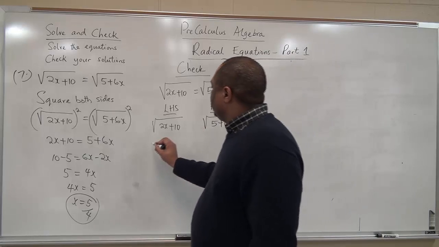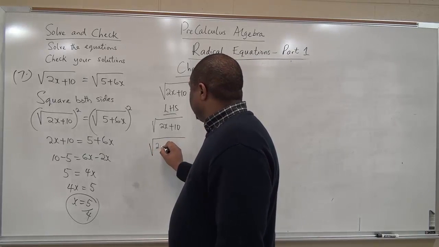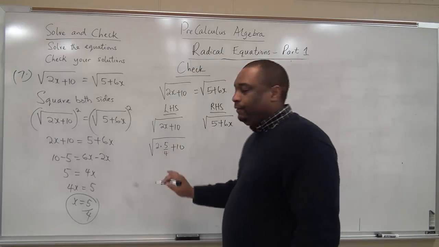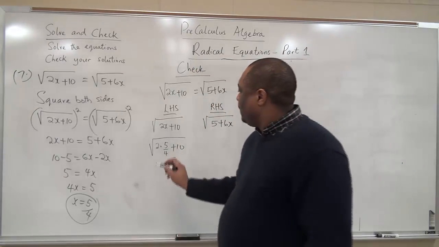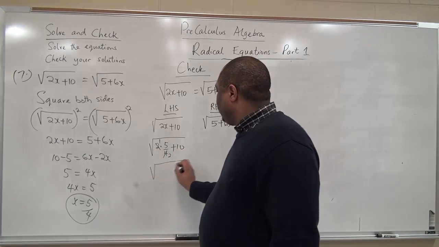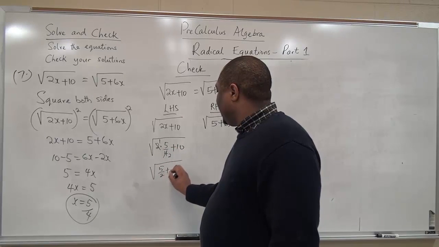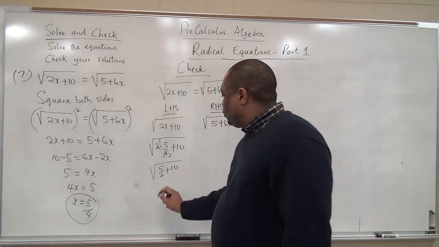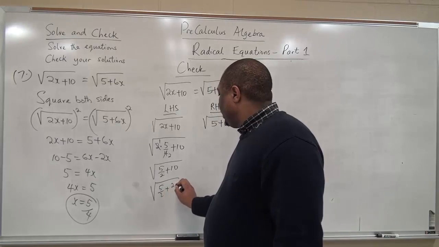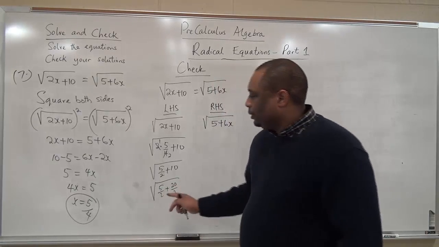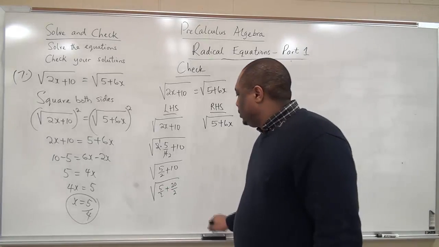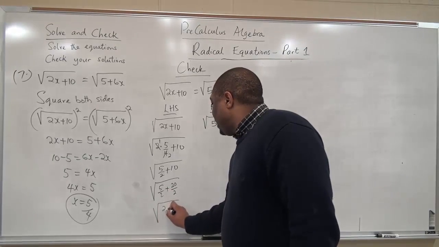Now this is square root of 2 times 5 over 4 plus 10. Let's fix this first. So 2 into 2 is 1, 2 into 4 is 2. This is square root of 5 over 2 plus 10. And this will be square root of 5 over 2 plus 20 over 2. They have to be the same denominator. So this is square root of 25 over 2.